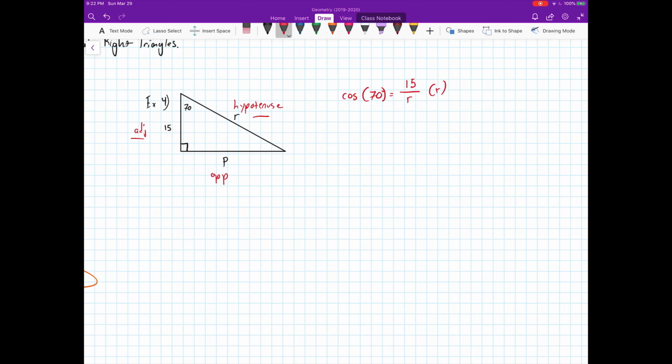We're going to multiply both sides by r, right? And I have r times cosine of 70 degrees, which is just a number, is equal to 15. Going to divide by cosine of 70 degrees so that I can get r by itself. So r is equal to 15 over cosine of 70 degrees. I'm going to switch back to the calculator.